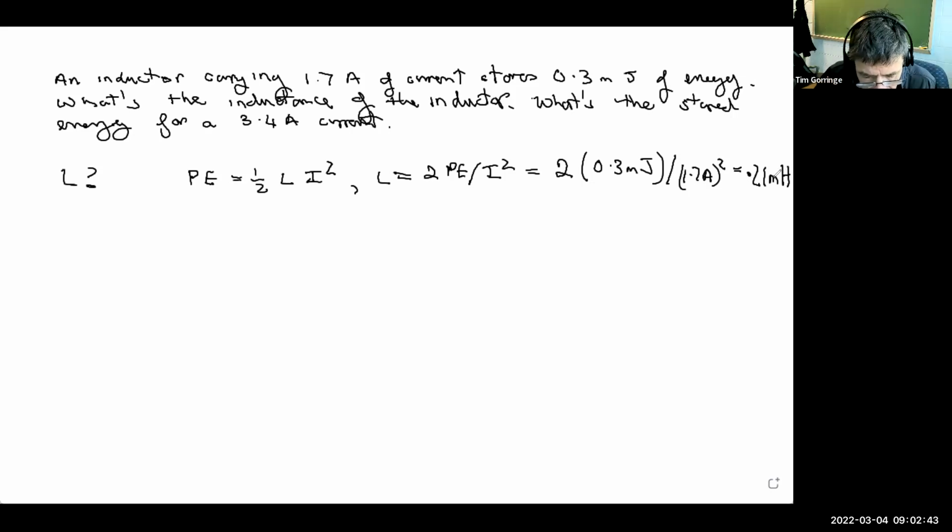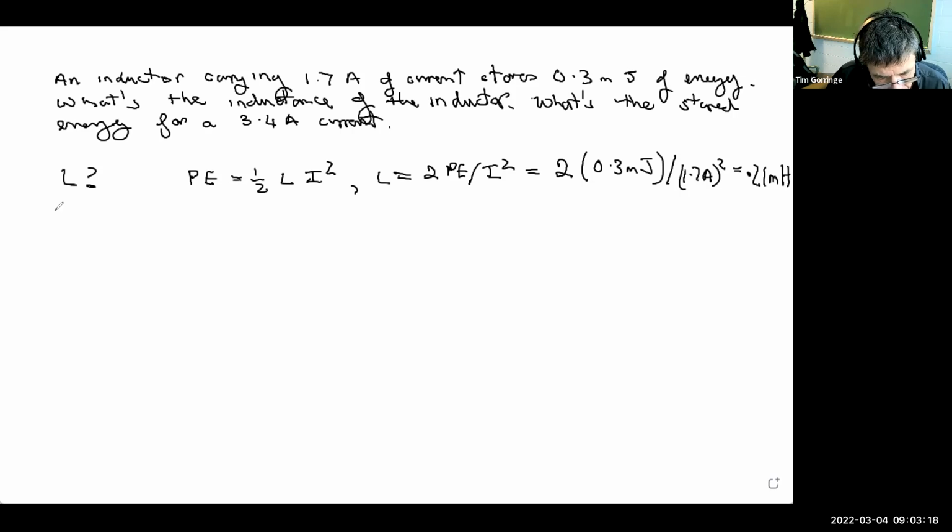Also, when I fed in the energy in millijoules, my answer is in millihenries. If you prefer, we could have written the energy as 3 × 10⁻⁴ joules, and then our answer would be in henries. It would be 2.1 × 10⁻⁴ henries. Anyway, that was the first part.